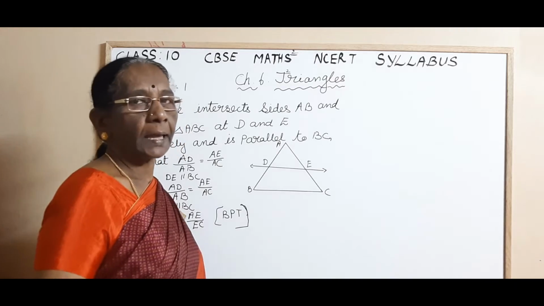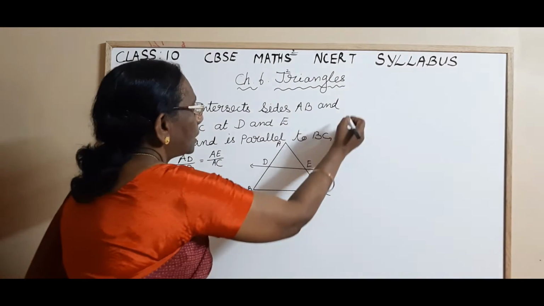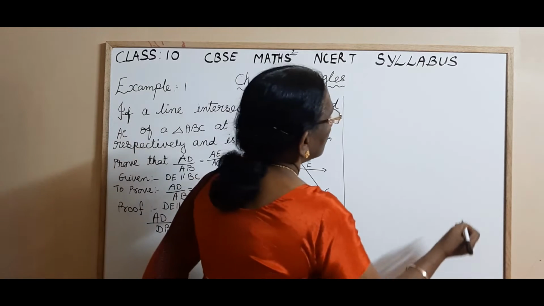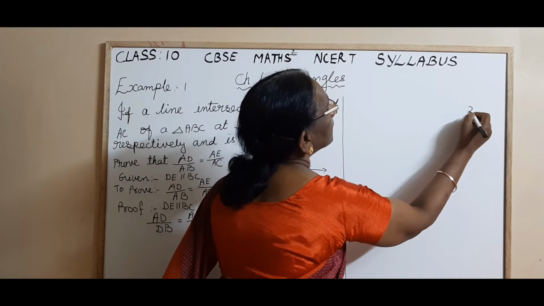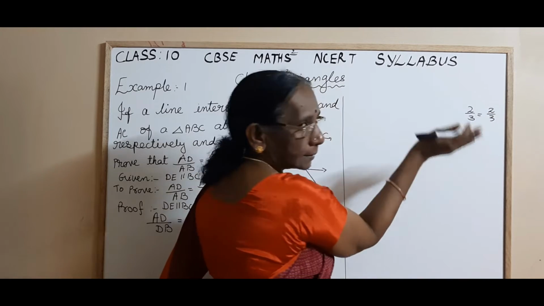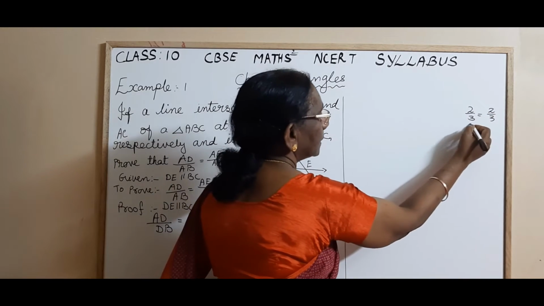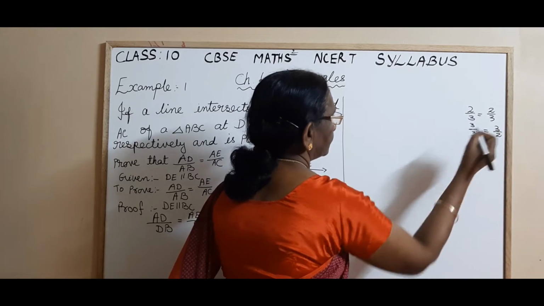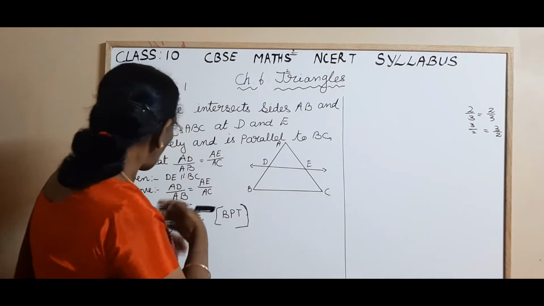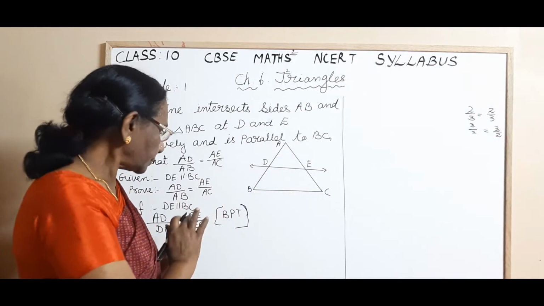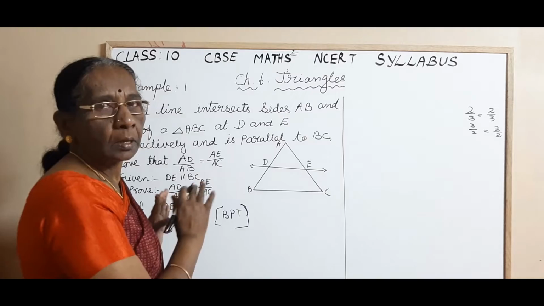Okay. For that, what shall we do? Let us write the reciprocal of the ratio. Children, suppose 2 by 3 is equal to 2 by 3, then the reciprocals are also equal, isn't it? 3 by 2 is also equal to 3 by 2. So, if you write the reciprocal of the ratios on both sides, the equation will not be changed.